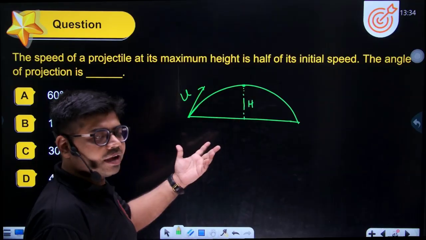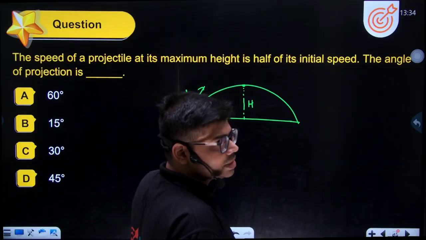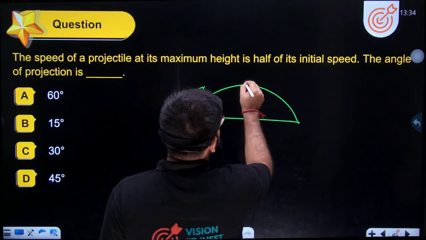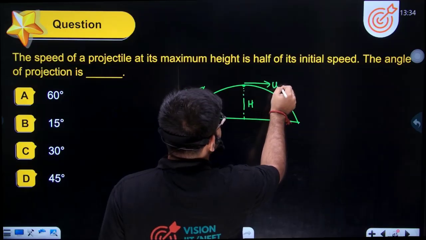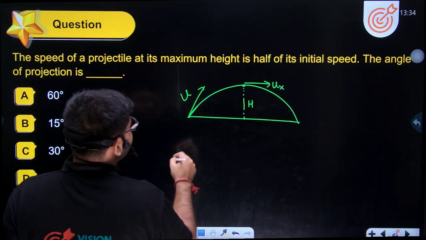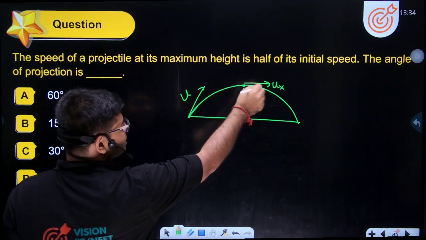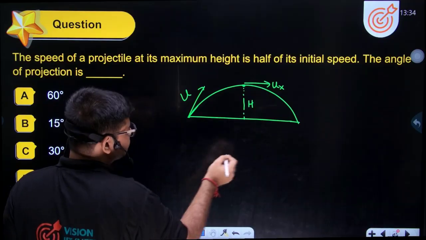Here I have told you several times that uy is going to be 0. Only one velocity is going to be there, which is ux. If this is making an angle of theta, I can say that ux is nothing but u cos theta.